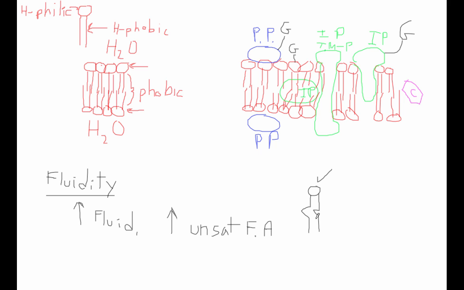Remember, these are carbons that don't have hydrogen all around them. Just like we see in unsaturated fatty acids like vegetable oil, which is a liquid, remember it's a liquid because there's these kinks in the carbon-hydrogen chain. These kinks prevent it from stacking nicely and neatly and prevent it from being a solid. And so just like in our membranes, more unsaturated fatty acids will allow the membranes to be more fluid.